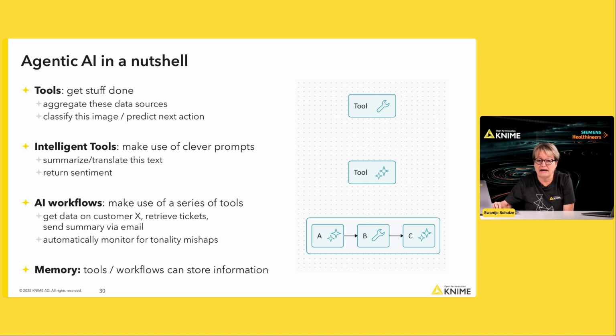And then you have AI workflows where you put together a series of tools to get to a certain outcome. So you have a gigantic task and you break it down into small pieces, like web services, so to speak, and make every little tool do one step along the way.